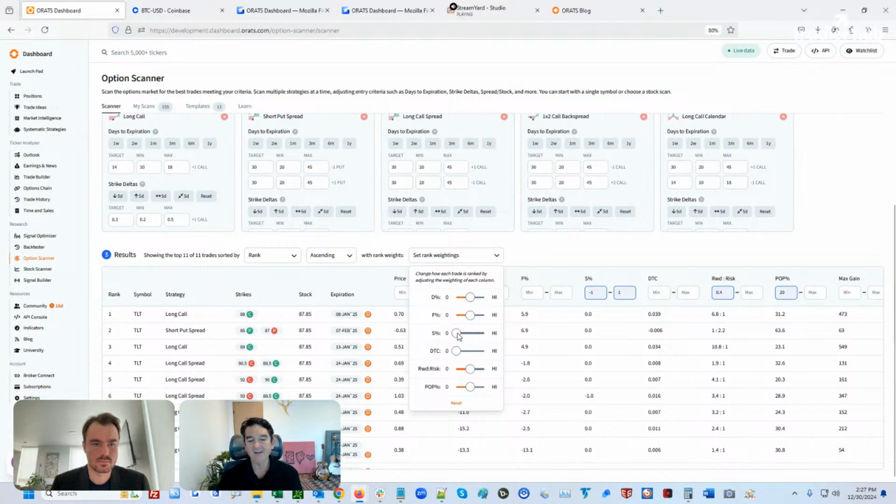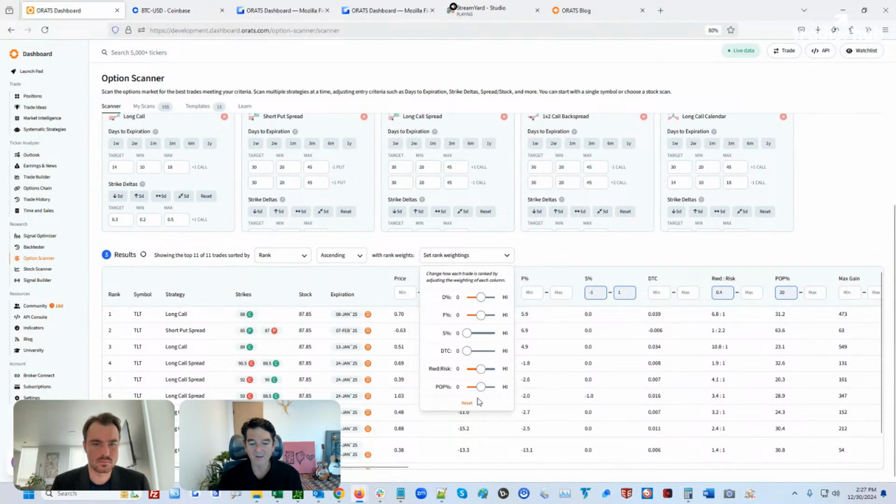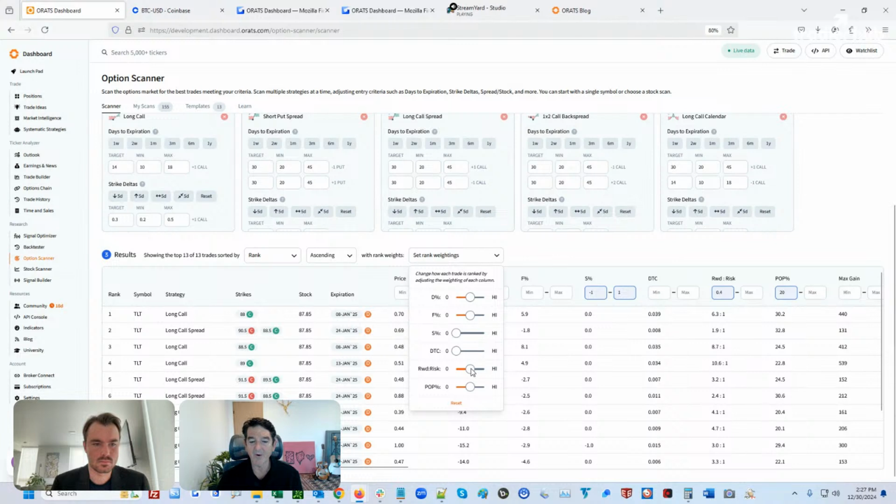Smooth is the SMV value versus the actual. I don't really weight that very highly because you want to be around it. If it's too high, you're not going to get filled. These are the numbers. SMV, the market makers pretty much know that. We do such a good job that we match the market makers. And then we have probability of profit and reward to risk. Those are both related.